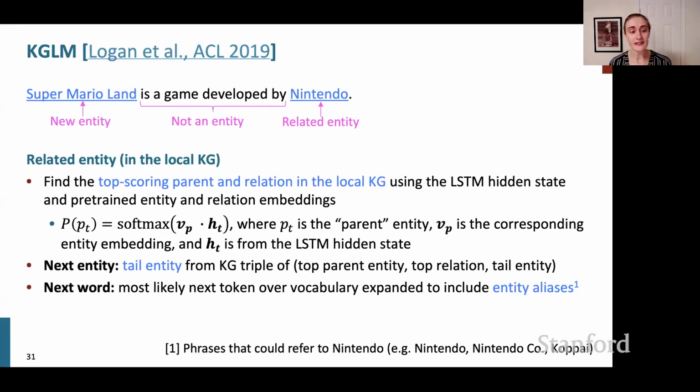So what we mean by aliases here are phrases that could refer to the entity in text. So you might not just call it Nintendo, you might also say Nintendo Company or Copi. And you want any of these to be possible words that you could predict as the next word. So the goal of this vocabulary expansion is to increase the probability that the next word you predict will actually be related to this next entity.